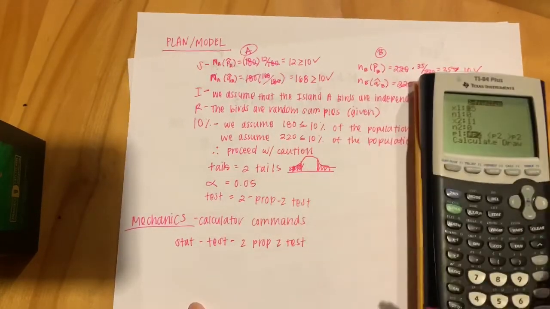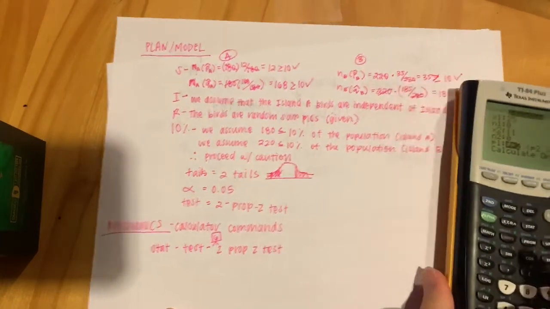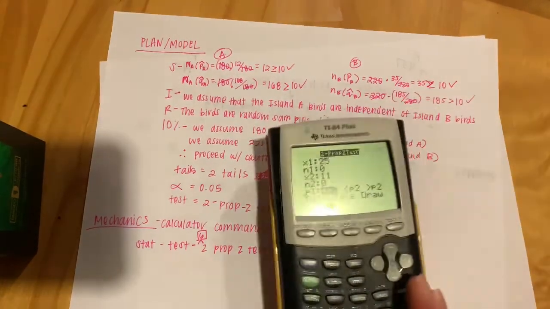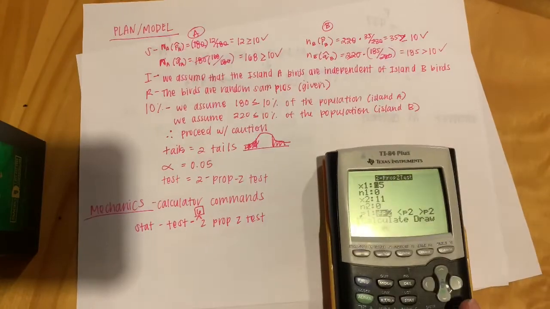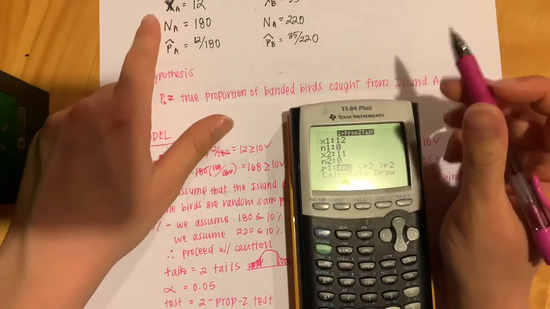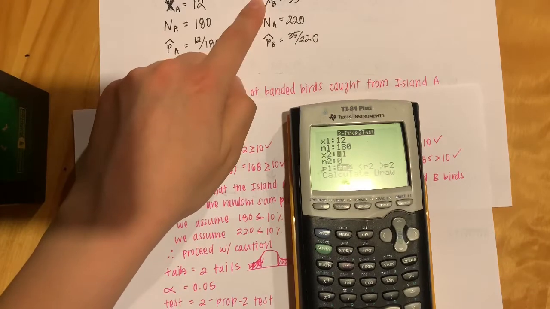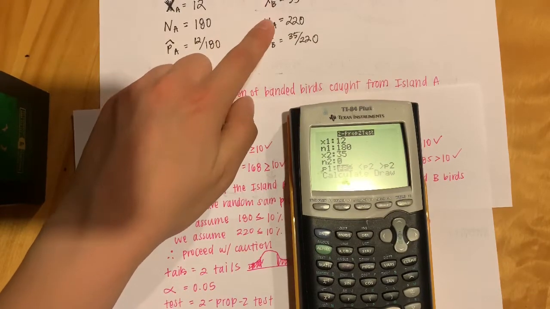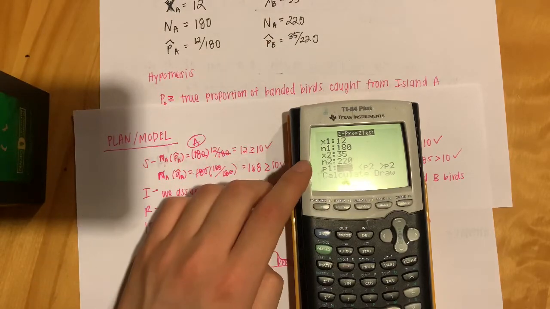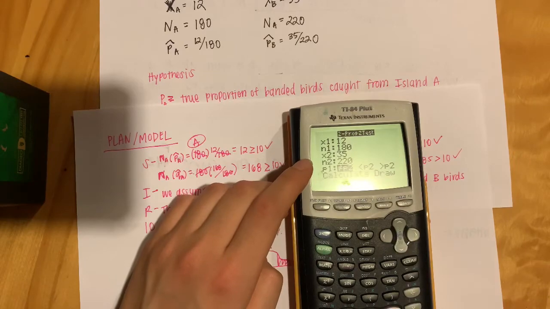It's option number 6. And then we're just going to input all of the values that we already have. For x1, we're going to input 12 from our island A. Our population was 180. And then for x2, it was 35, population 220. And then we're going to pick not equal to, and then calculate.